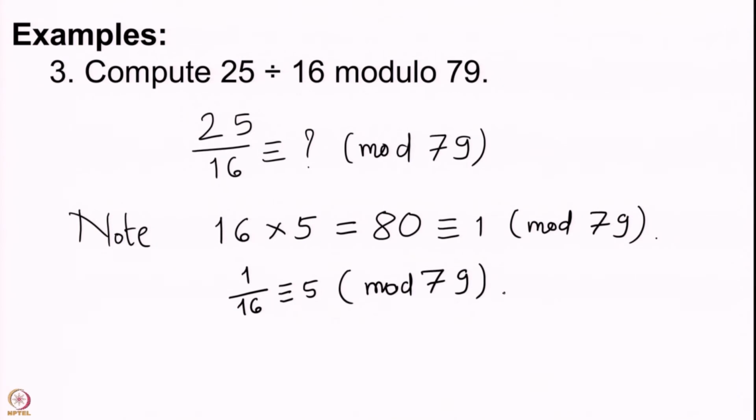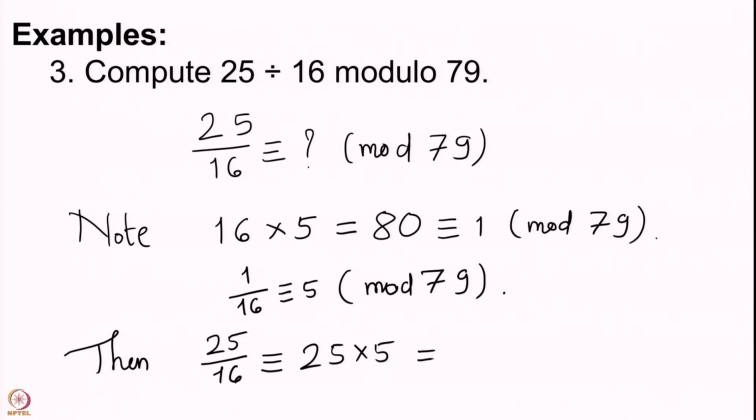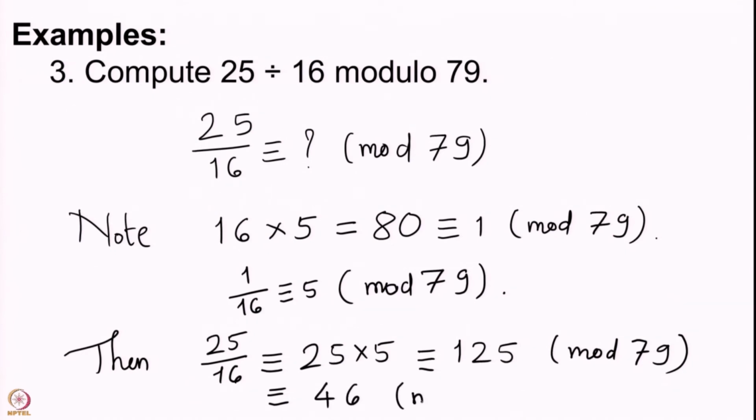That makes our job quite simple because we then have 25 by 16, this is congruent to 25 into 5 modulo 79 and this is equal to 125. And then you just need to go modulo 79 and find, once you remove 80 from this 125 you get 45 and to remove 79 you have to remove one more. So, we get that this is equal to 46.